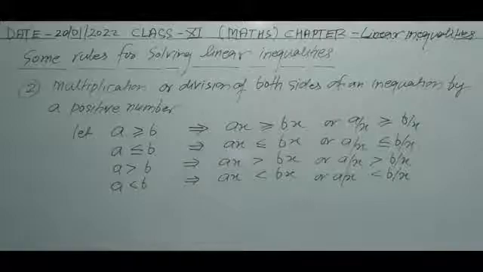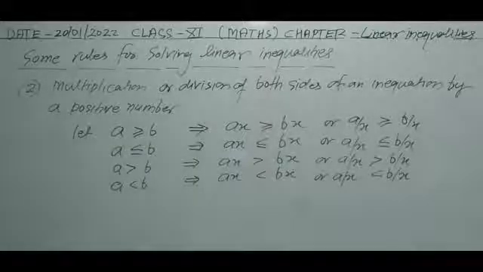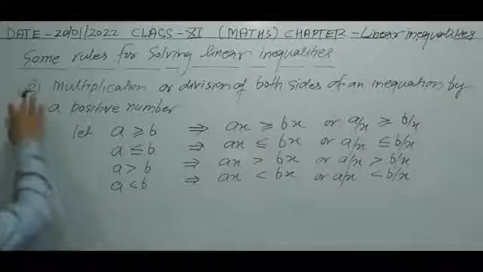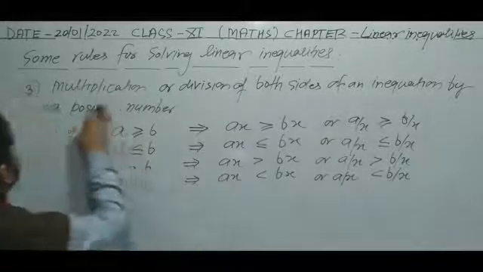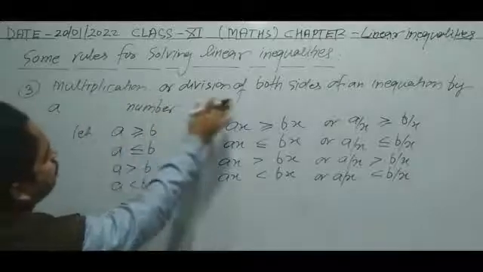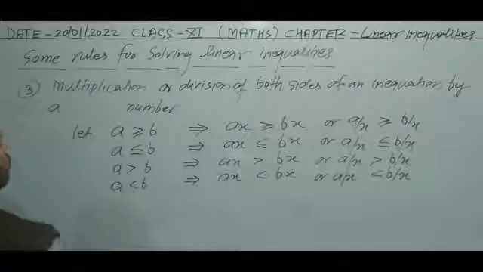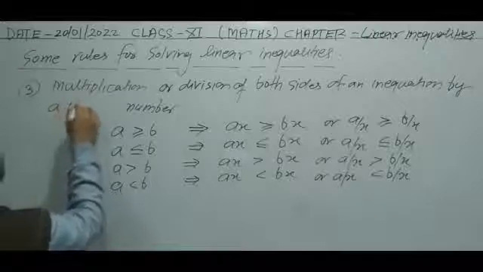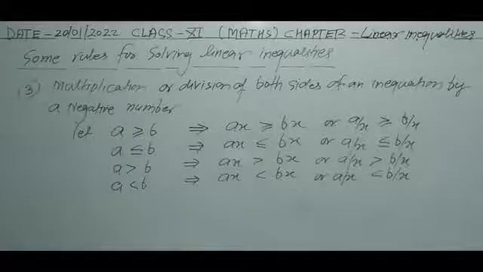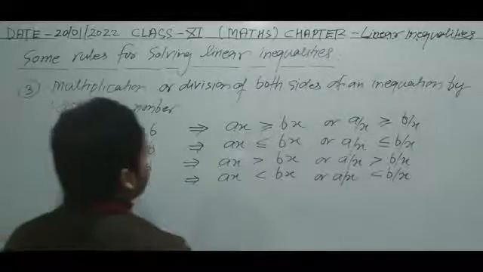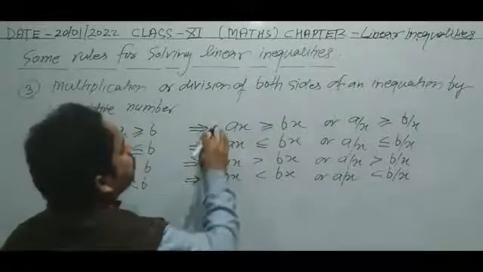Now the third part is multiplication or division of both sides of an inequality by a negative number. So suppose you are going to multiply with a negative number.